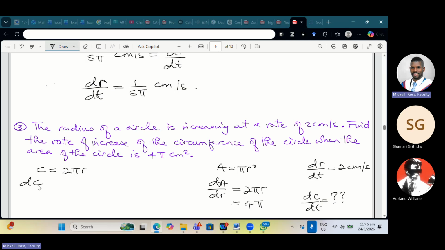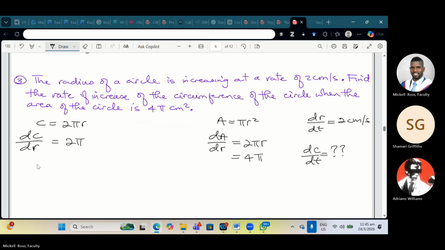So the change in the circumference with respect to the radius is going to be equal to 2 pi. So let us look at what we get from this. The change in the circumference with respect to time is going to be the change in the circumference with respect to the radius times the change in the radius with respect to time.